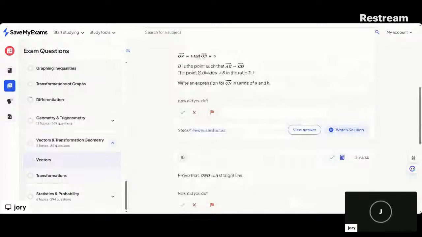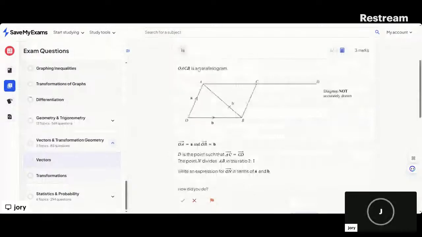Prove that OND is a straight line. OND, and you want me to prove that?